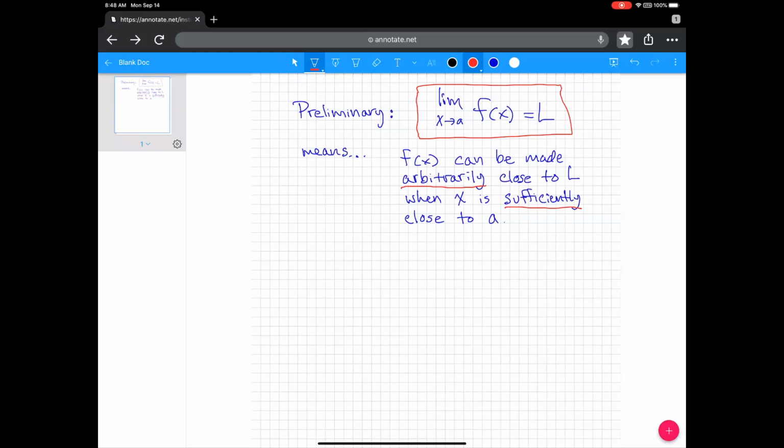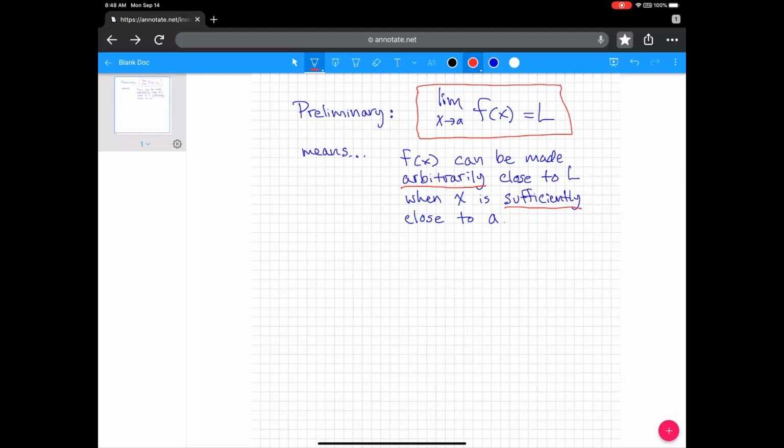So the first thing to remind ourselves is that L is some number like 7, f of x is some function like x squared, and then you plug x values into the x squared function and you get close to 7, something like that. And when you plug into the function, you get an answer.